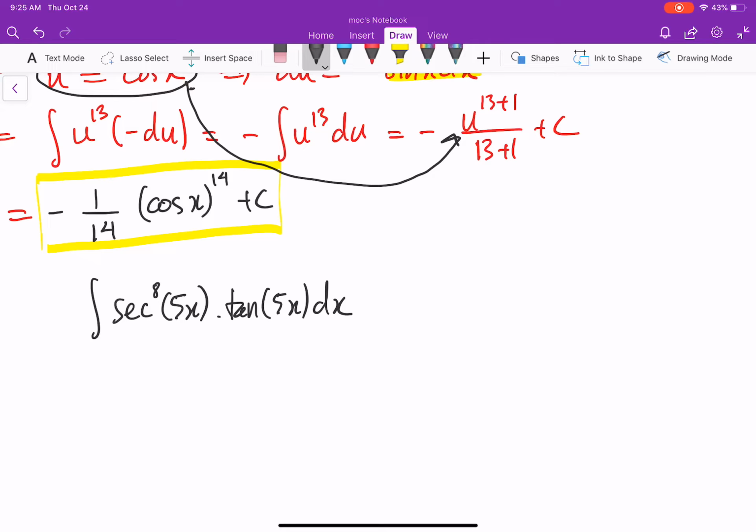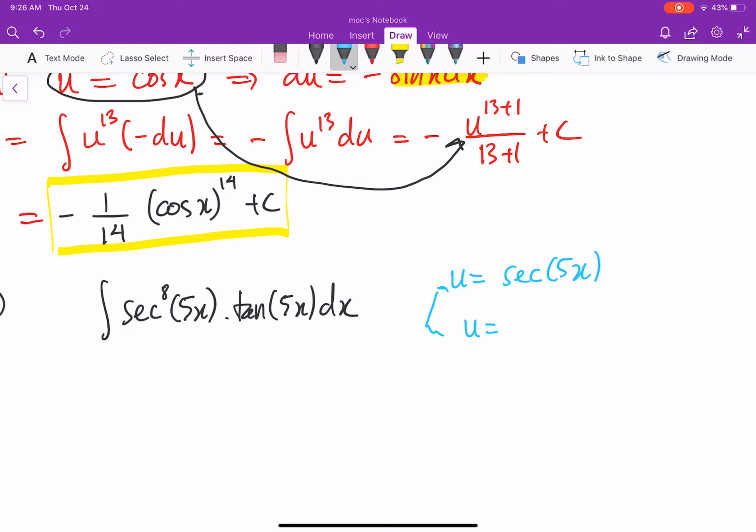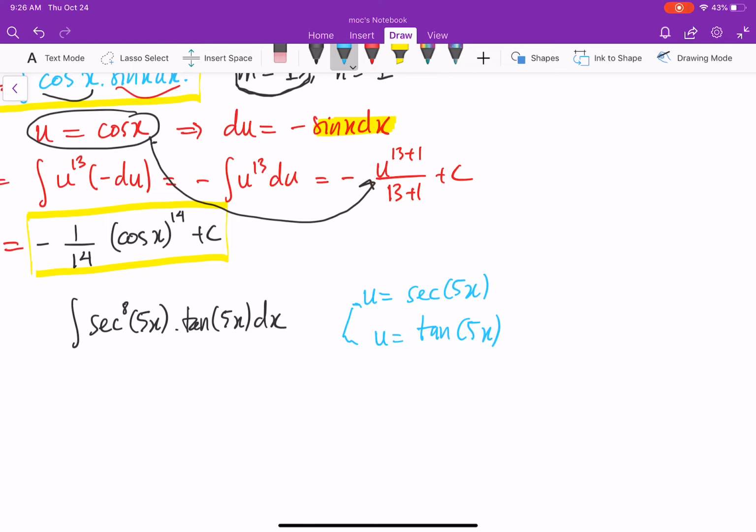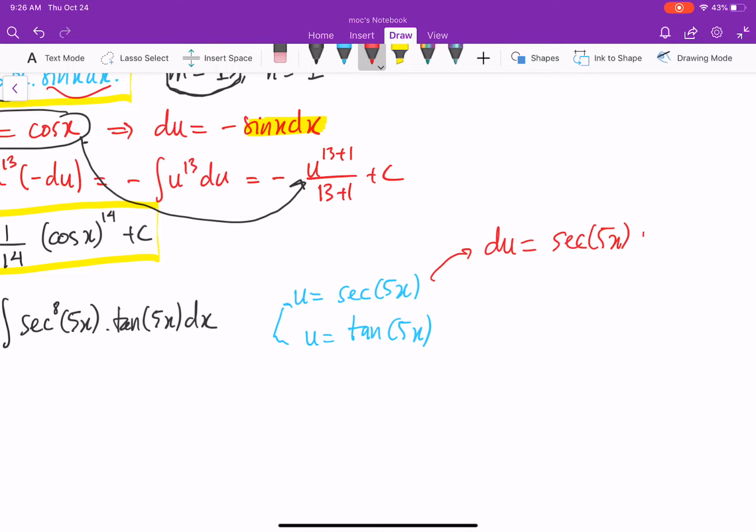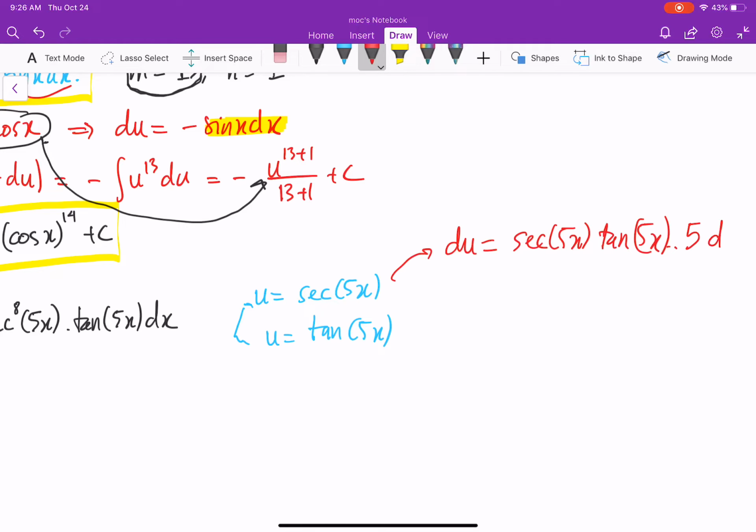When you see something like that, you might put u equal to secant of 5x, or you may try u equal to tangent of 5x. If you do this substitution, let me show you. From here you get du equal to secant of 5x tangent 5x times 5 dx, because 5 is from the derivative of 5x. We need to use the chain rule.